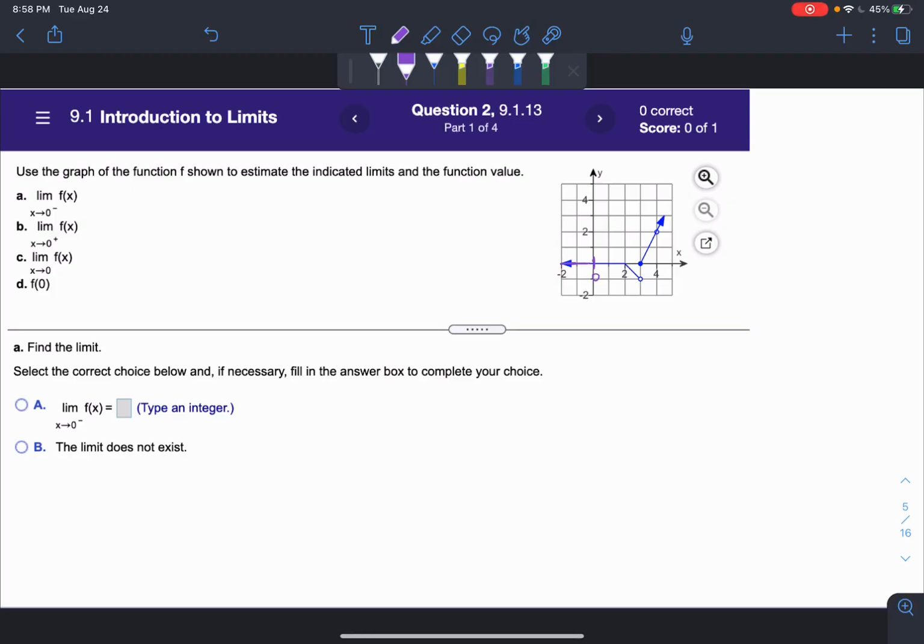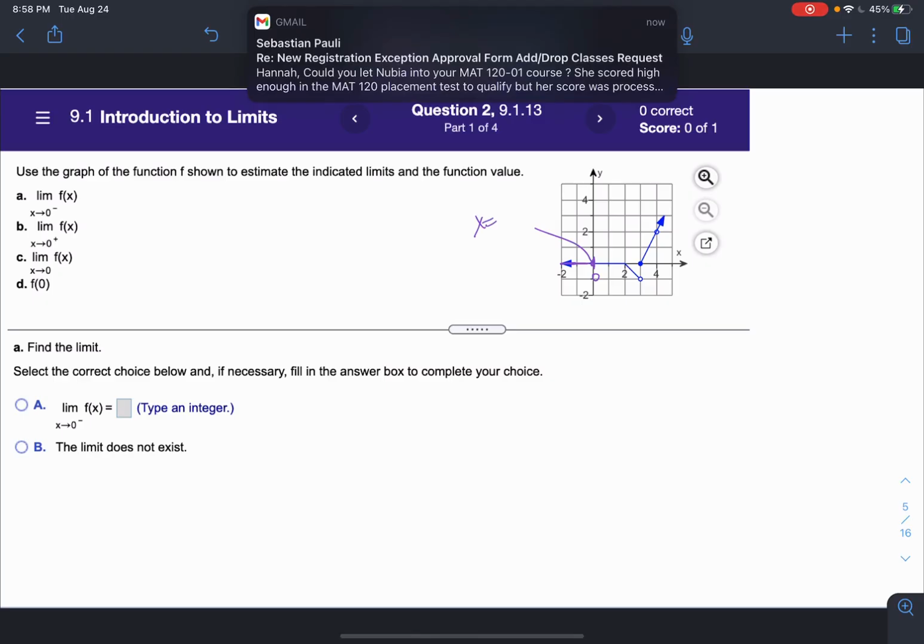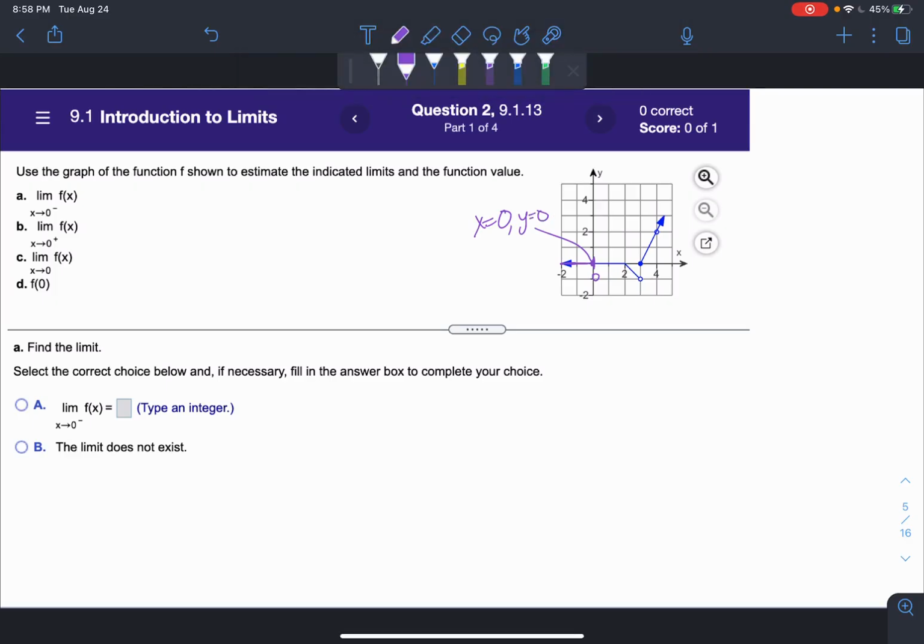But this is the origin, where x equals 0 and y equals 0. So that is why when we look to the left, our limit is approaching 0.